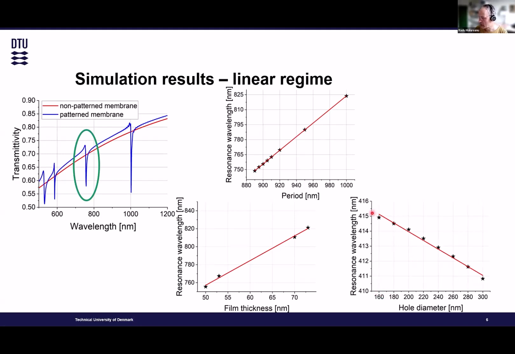But if you look at it, the resonance wavelength shifts very little, 4 nanometers, with almost doubling the hole diameter. So we use this one only for extremely fine tuning of the resonance. But they are generally quite linear. Maybe here there is some kind of quadratic shape, but because the resonance varies so little, we are not really worried about that.